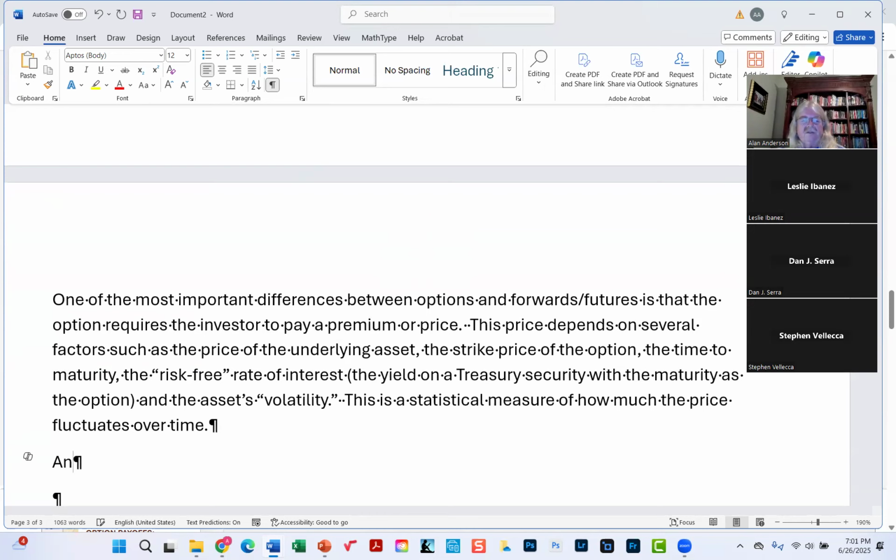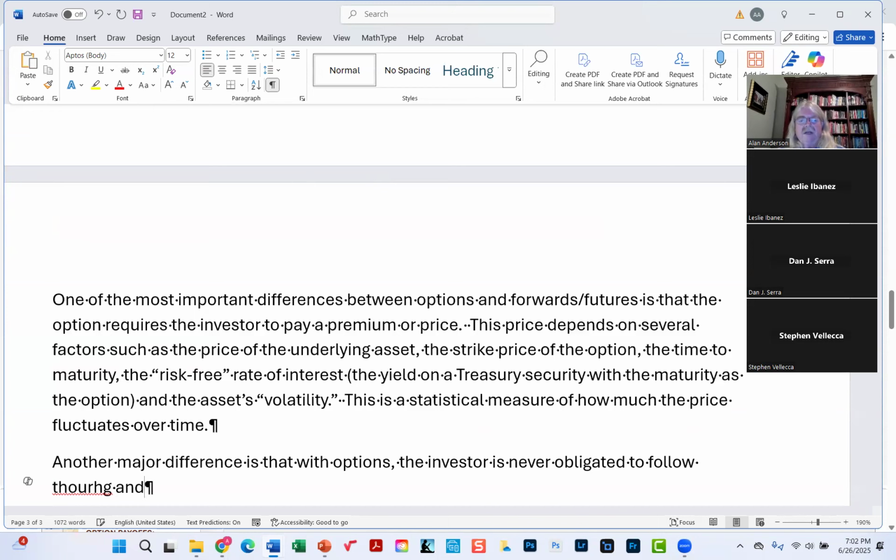Another major difference is that with options, the investor is never obligated to follow through and buy or sell the underlying asset.